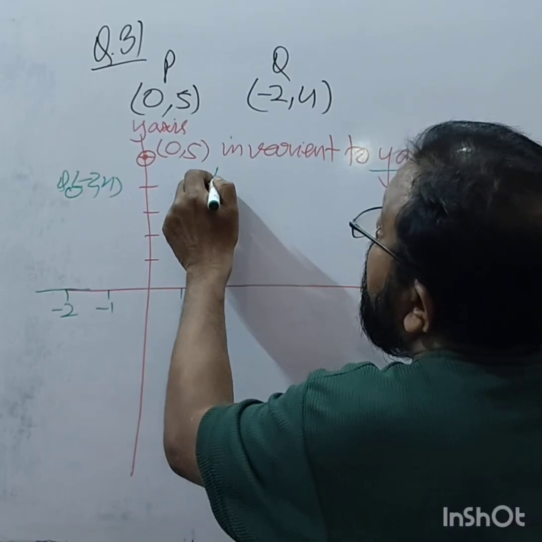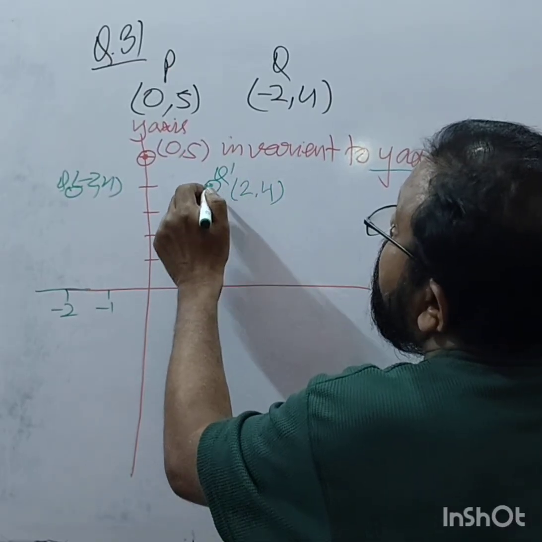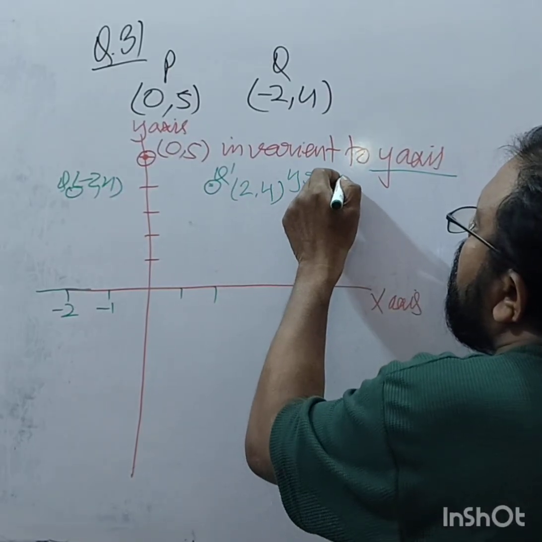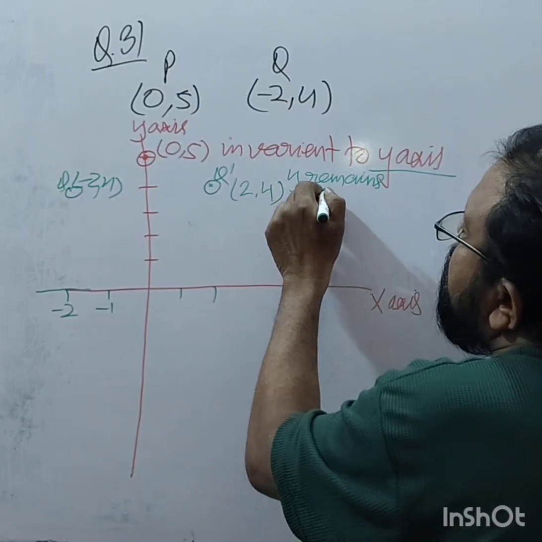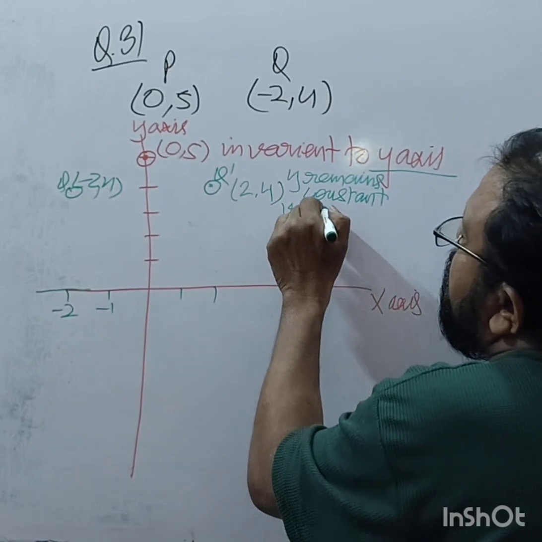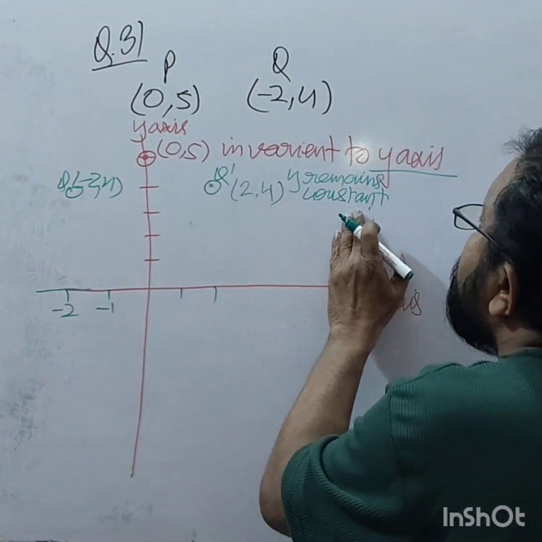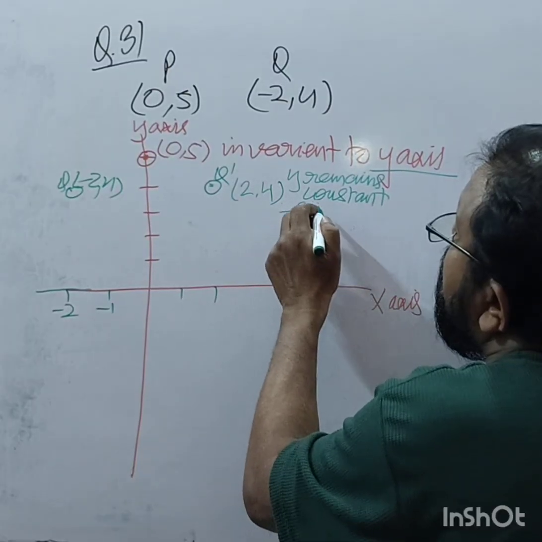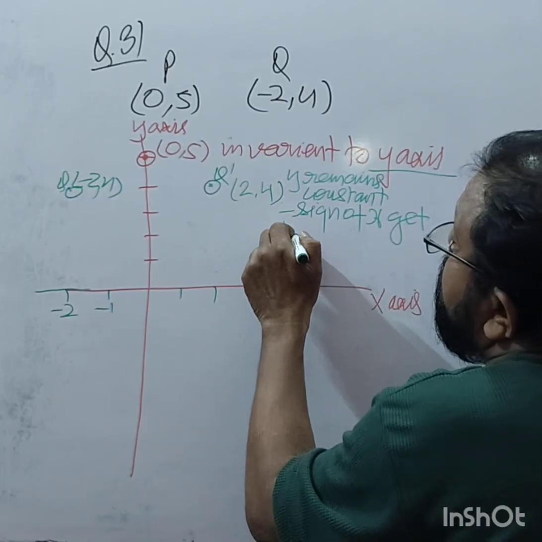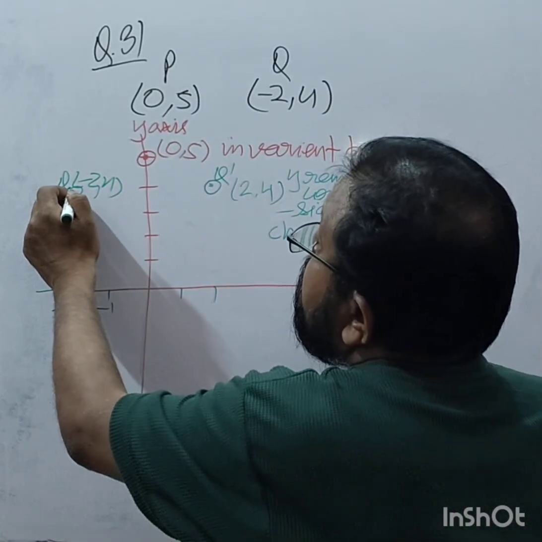Q dash is equal to 2, 4. Y remains constant and the sign of x gets changed. Okay, you get it?